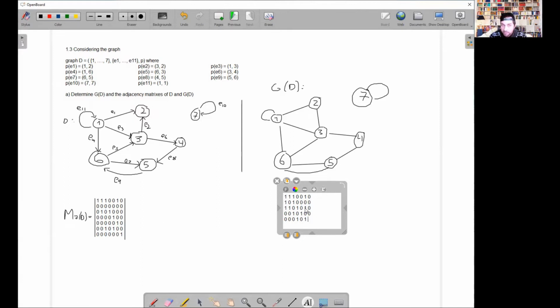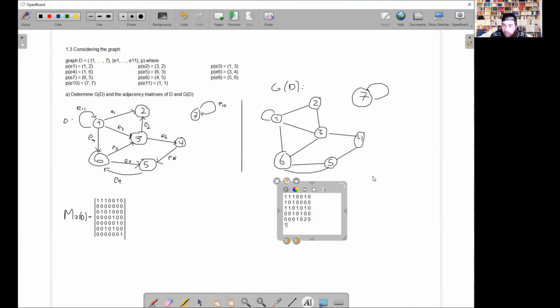In fact, we have 2 links with 6, right? So we put 2 here, right? If you see, you realize here we have 2 links from 5 to 6, right? So in the fifth row and the sixth column, we put a 2, right? And from 5 to 7, we don't have.